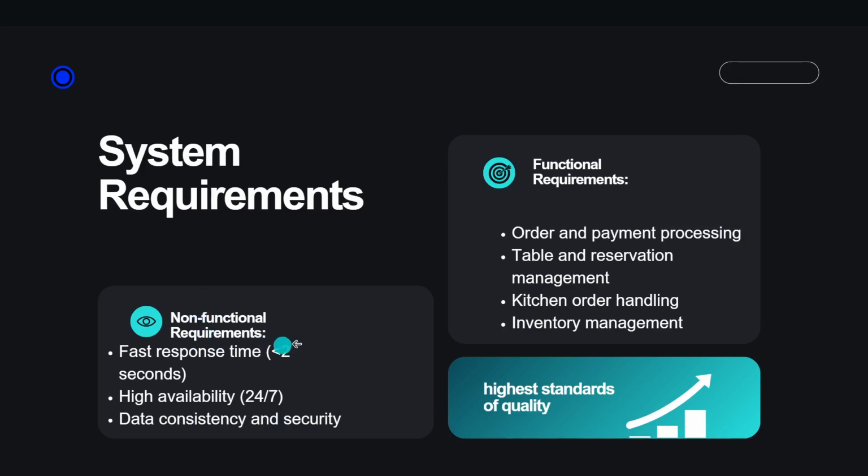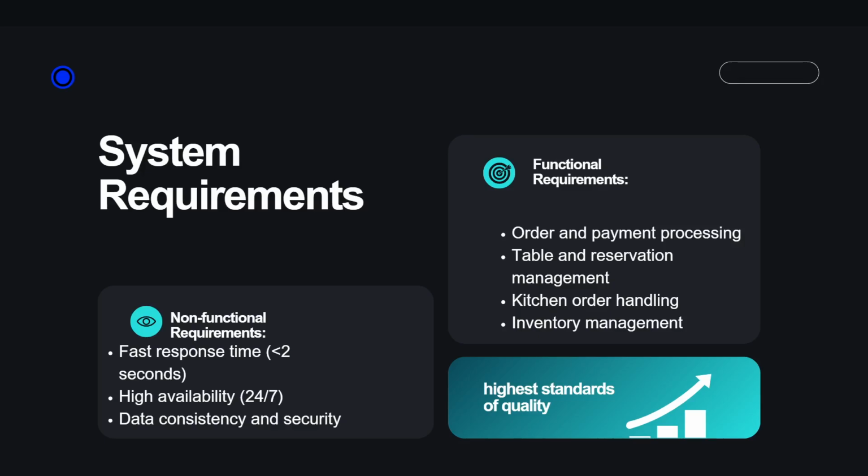And also important are the non-functional requirements. They focus on performance and reliability, such as fast response time, high availability, and data consistency. So trust me, this is also very important, even though it's not displayed on your screen.